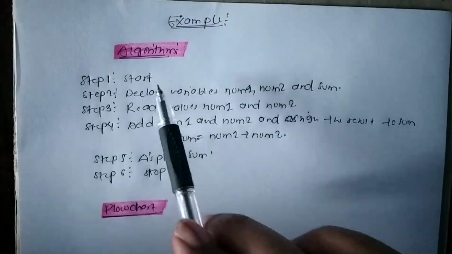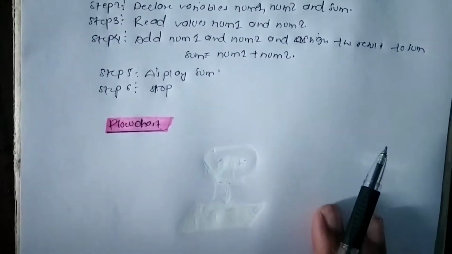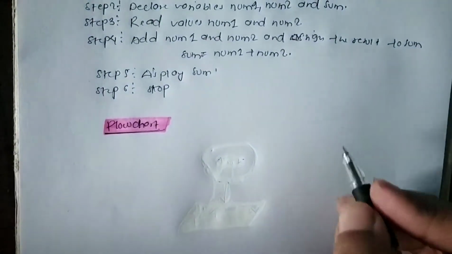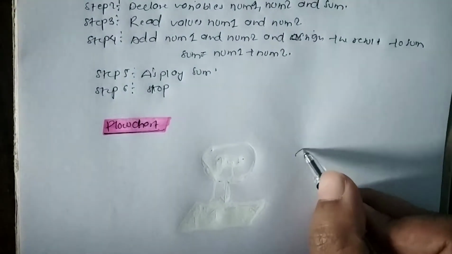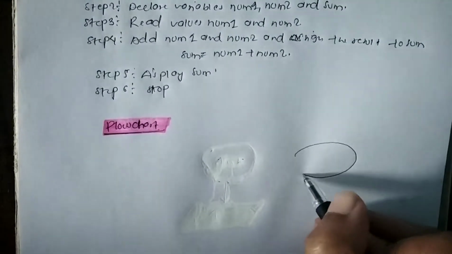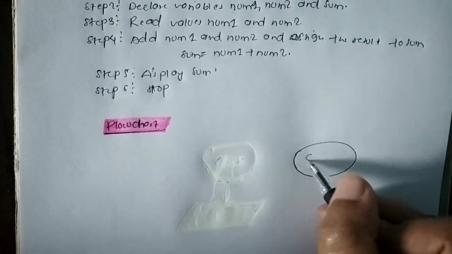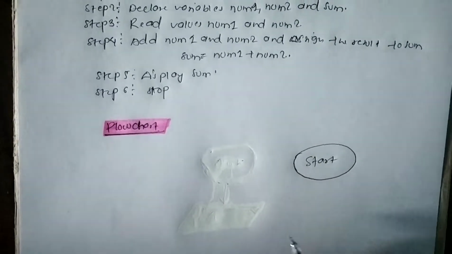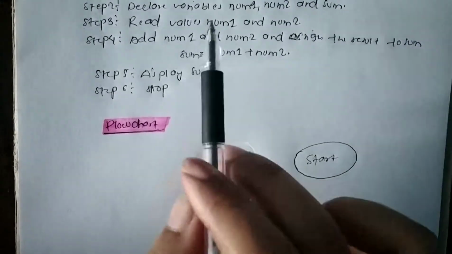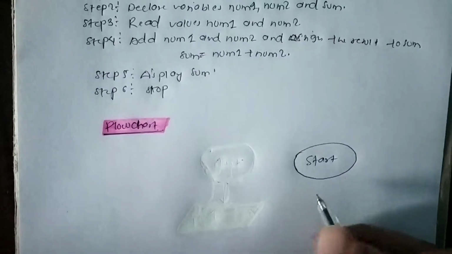For start, we have studied in the flowchart the symbol like oval is terminal box. Here we can start. Second one is reading the values number 1 and number 2.